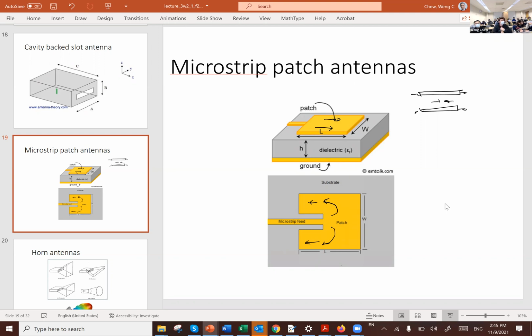Say I wanted to operate at 10 gigahertz. The full wavelength is 3 centimeters, and half a wavelength will be 1.5 centimeters. So if I can make this antenna resonate at a lower frequency, I can make it even 1 centimeter.